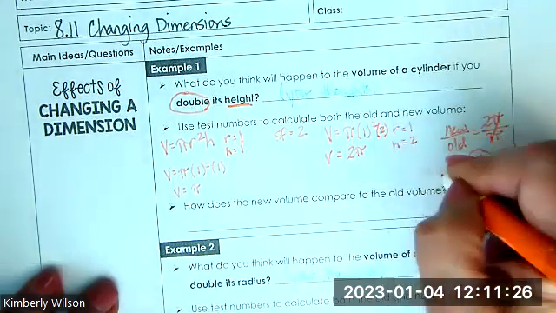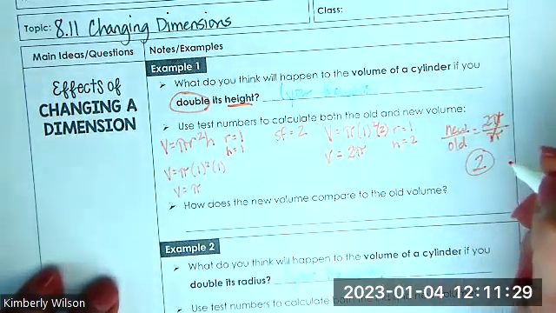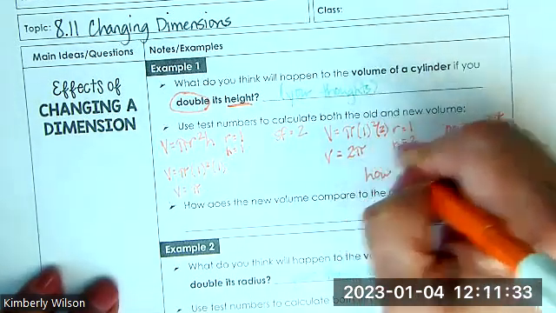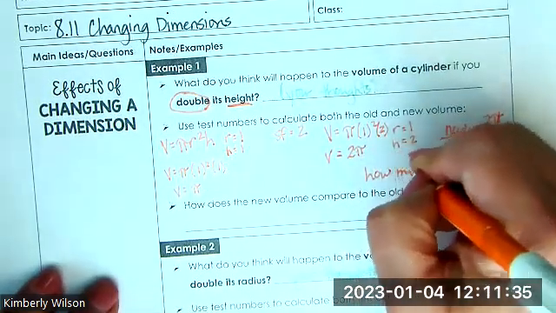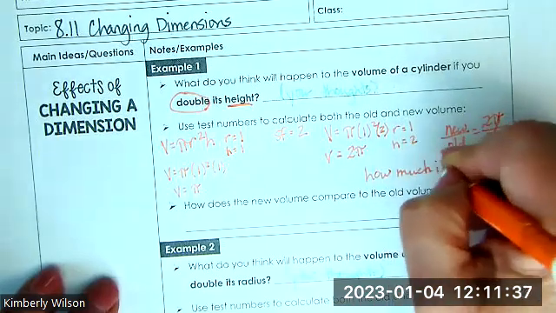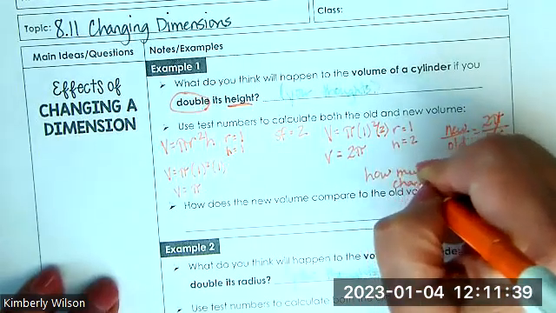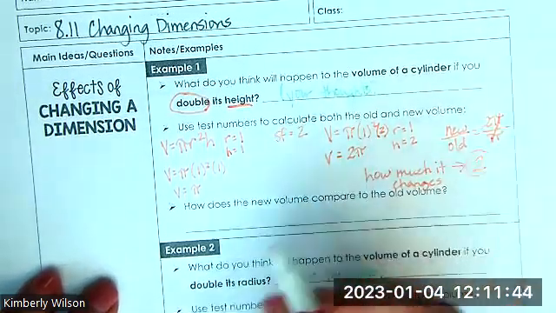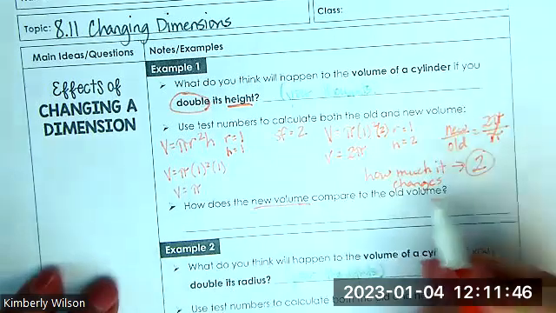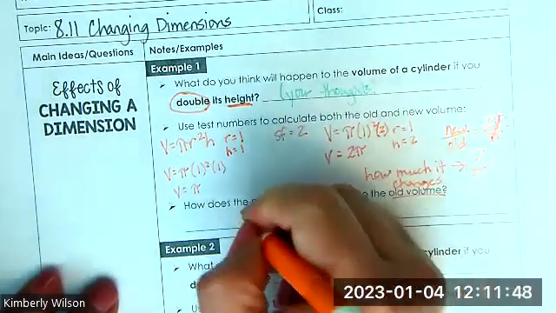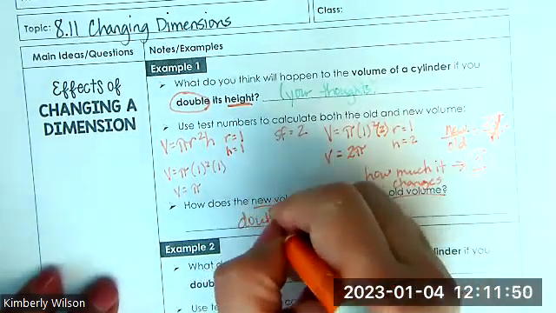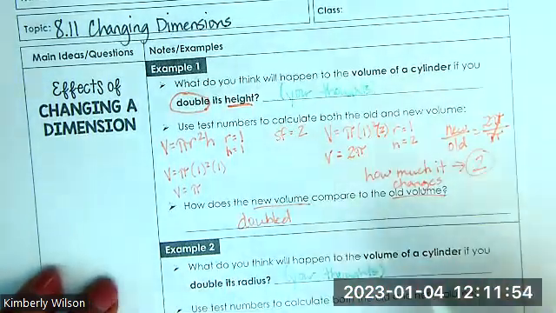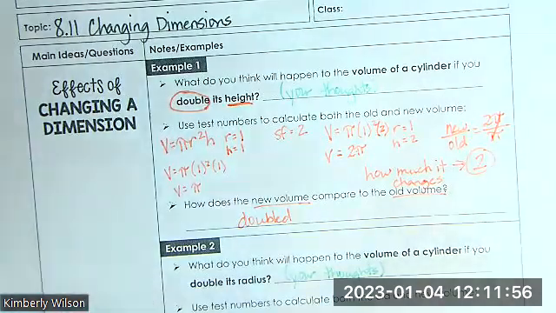This tells me how much it changes. So therefore, how does the new volume compare to the old volume? It's doubled. Remember, I know you can see this real quickly here, but I'm trying to teach you how you figure it out when it's a more difficult problem.